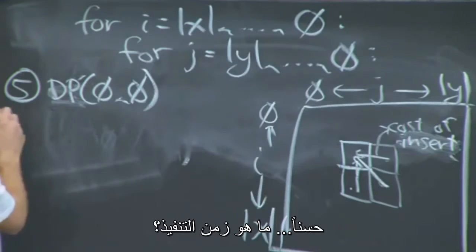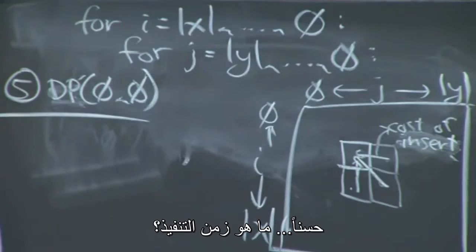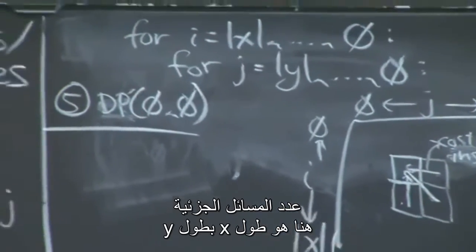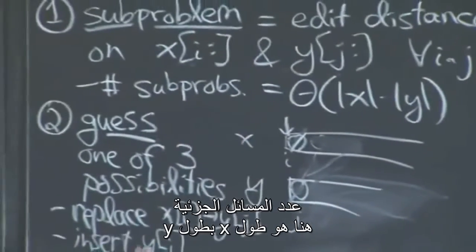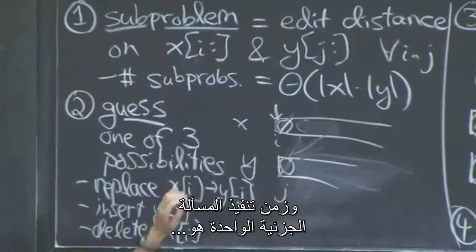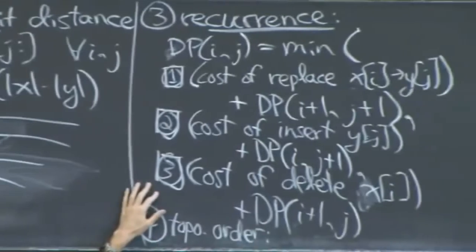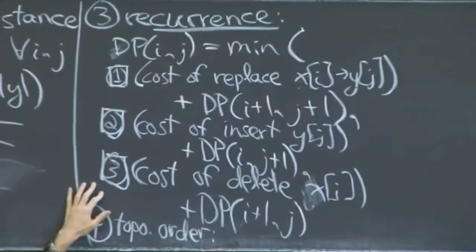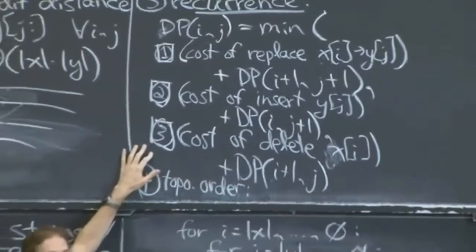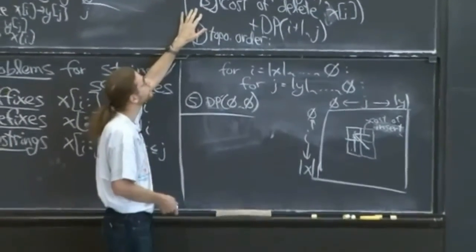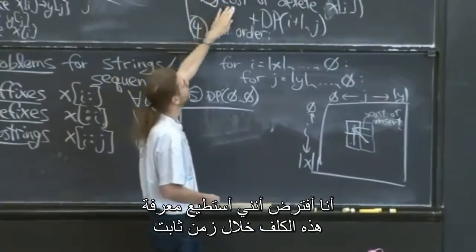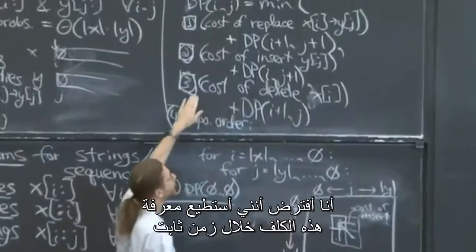OK, what's the running time? Well, the number of subproblems here is x times y. The running time per subproblem is, I'm assuming that I know these costs in constant time.